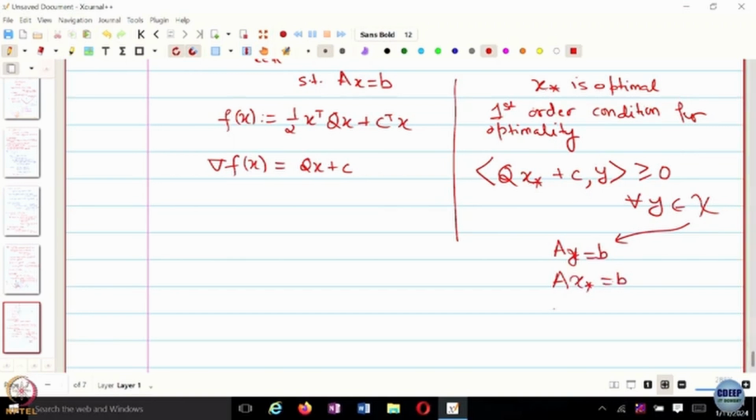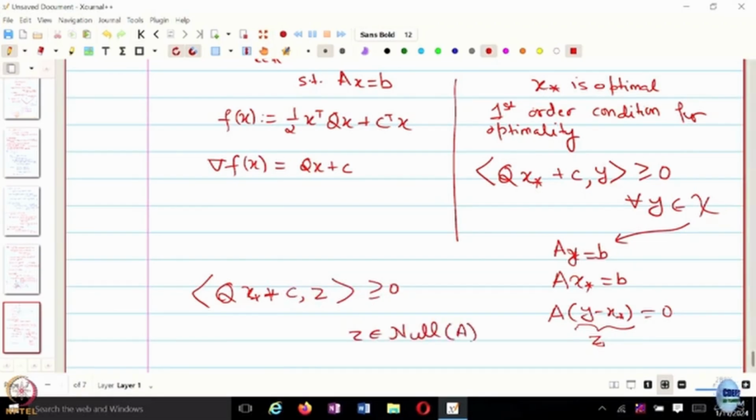Okay. So that means y minus x star, this is equal to 0, right? And if we call this z, then z lies in the null space of A, because this is true for any y.